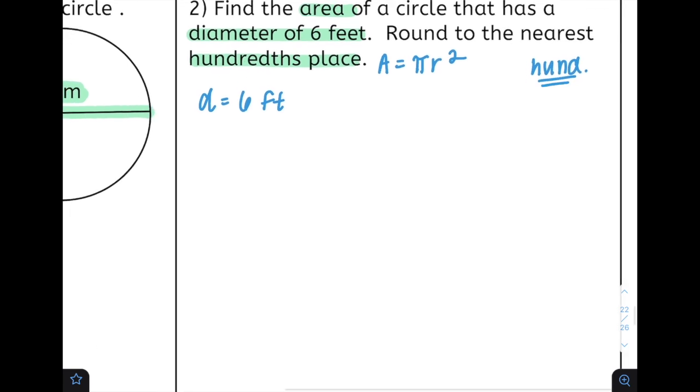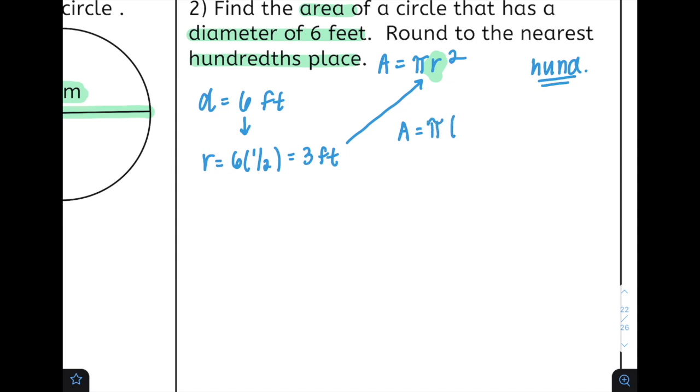I know I have my diameter of 6 feet, and I need to have the hundredths place. I need my radius, so I need to figure out how to go from diameter to radius. If I cut it in half, 6 times a half, or 6 divided by 2, that's going to get me 3 as my radius. So I'm going to substitute that into my formula and get A equals pi times 3 to the second power, which really would be pi times 3 times 3, which would therefore be pi times 9, or 9 pi, but I have to round to the nearest hundredths place.